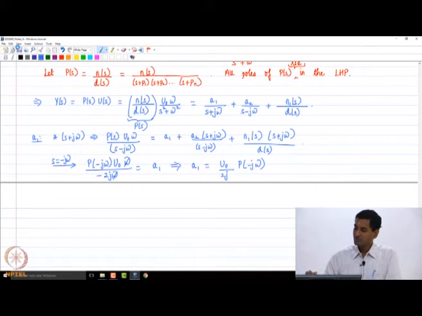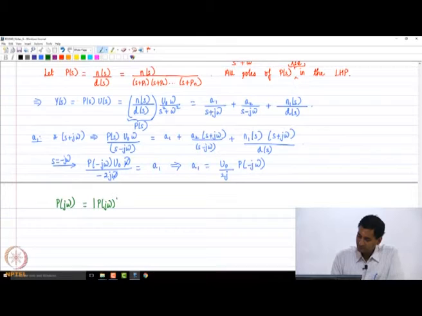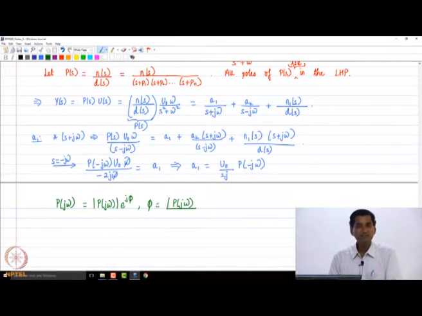So, if I have a complex variable P of j omega, I can rewrite this as the magnitude of P of j omega times e power j phi, where phi is the phase of P of j omega, right. This is one representation of a complex variable. Do you agree?